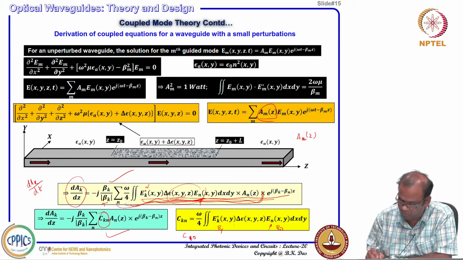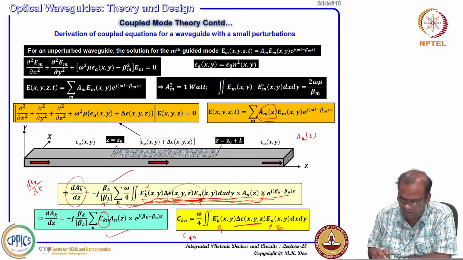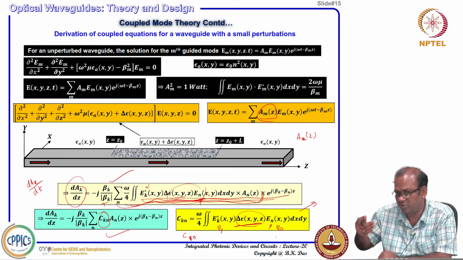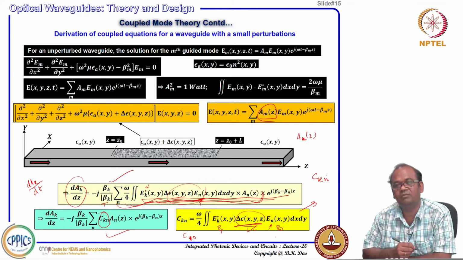So the first order mode and fundamental mode, along with the delta epsilon, whatever the perturbation is, you are integrating over the entire cross section multiplying omega by 4. That we can calculate numerically, all these we can calculate by the mode solver. Once we know the field distribution through the mode solver and once we know the perturbation, then we will be able to calculate the values of Ckn.